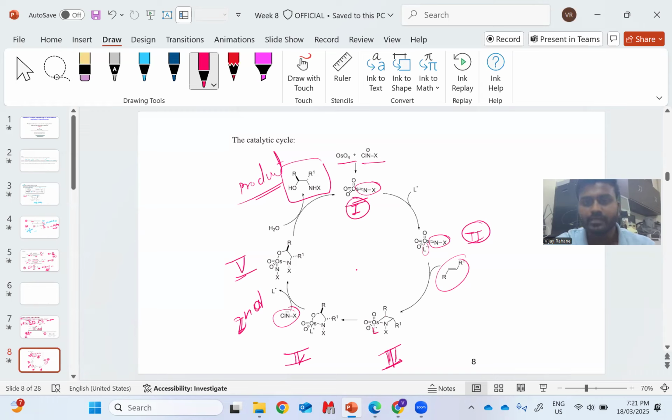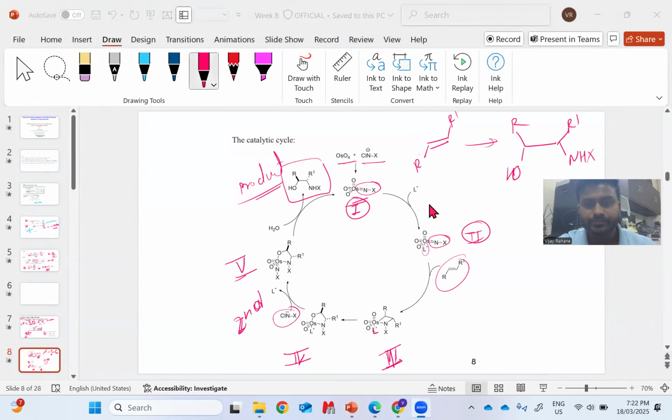So in this manner, from the olefin we get the amino hydroxyl product. Let's say here there's R1, R2, and this is the hydroxy group, and this is the amino group, NHX. This X depends on which nitrogen source we are using for the reaction. This is the same type of reaction as seen earlier, like the asymmetric Sharpless dihydroxylation.